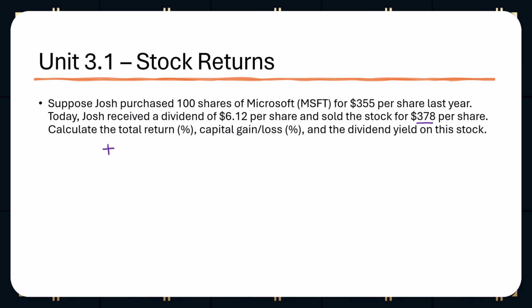To do this, we need the total return equation, which is just the price that we sell it for minus the price we paid, plus the cash flows received, in this case the dividend, all divided by what we paid for the stock or for the asset. That's our total percent return.